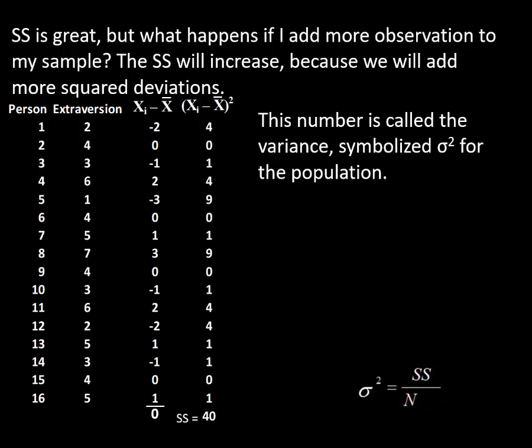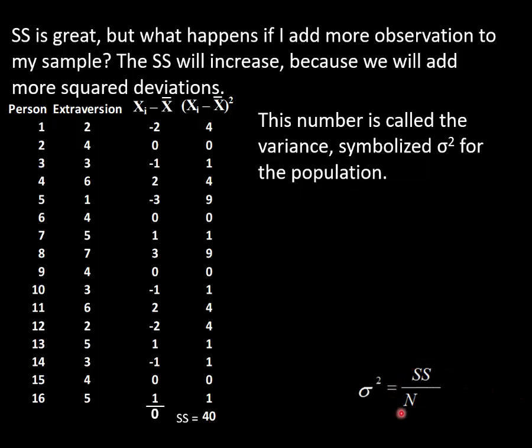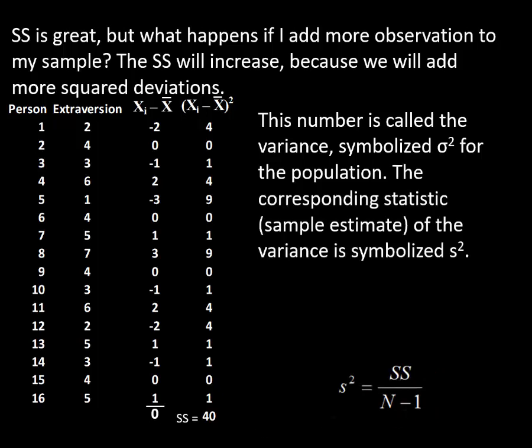And taking 1 away from the n actually corrects that, so that this calculation carried out on sample data is an unbiased estimator of this calculation carried out on population data. Now, if that doesn't make any sense to you, don't worry about it. Just know that when you have a sample, you have to use this formula. You have to add up the sums of squares, and then instead of just dividing by n to take the average, you divide by n minus 1 to take the average, and that gives you your sample variance.